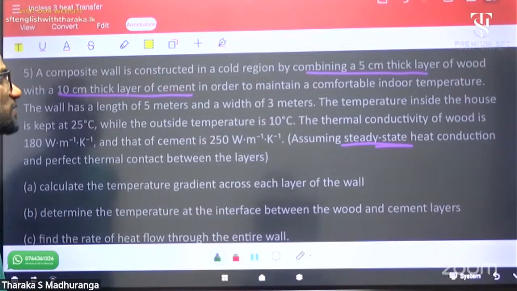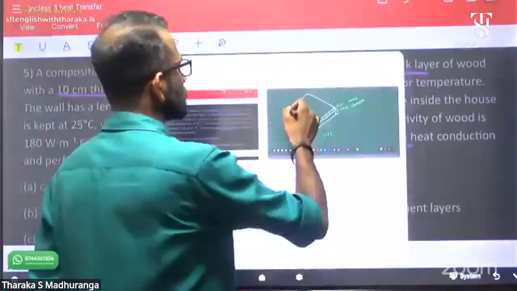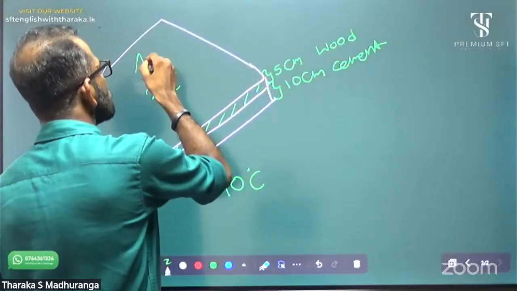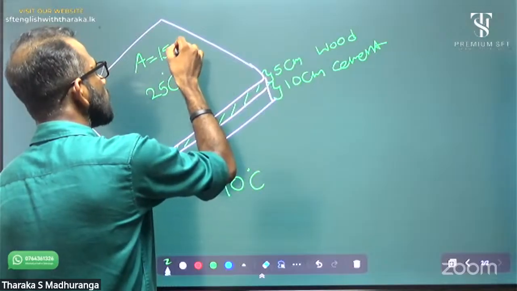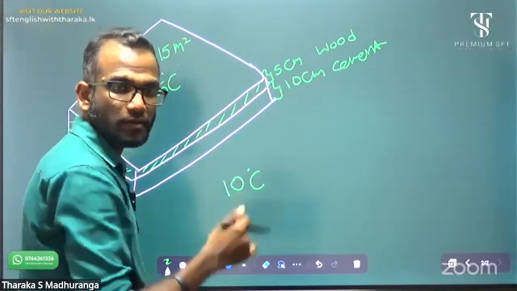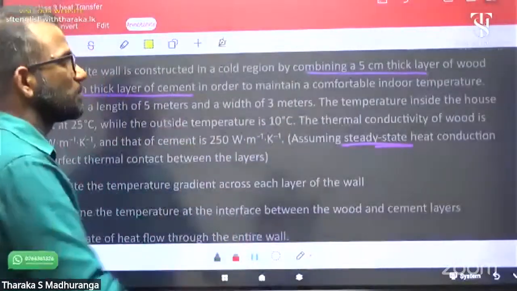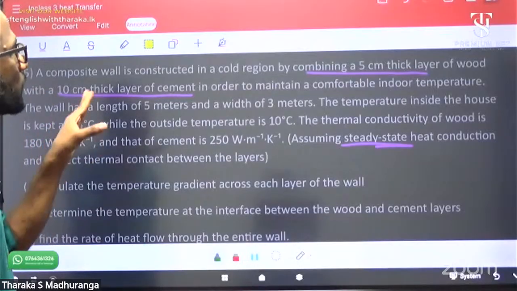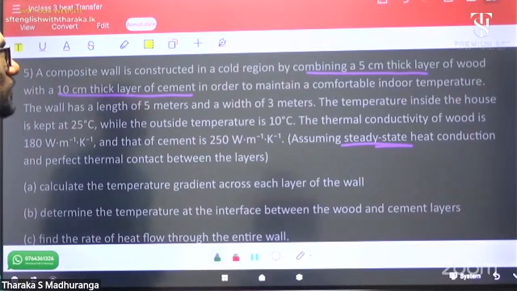The wall has a length of 5 meters and a width of 3 meters. Then what is the cross section area? The area of this wall equals 5 times 3, which is 15 square meters, right? Area is length times width because it's a rectangle shape. So the cross section area is 15 square meters.